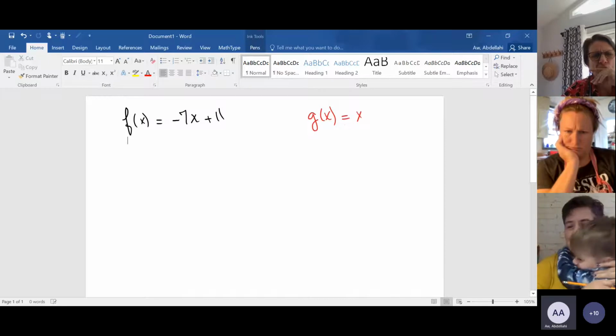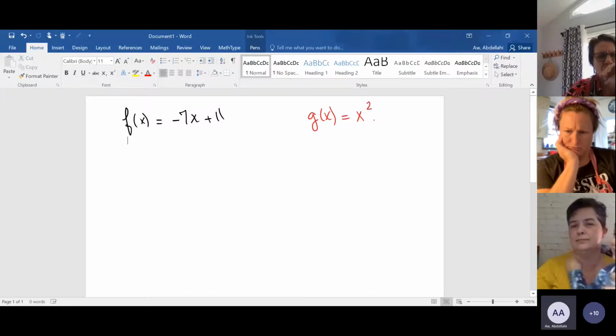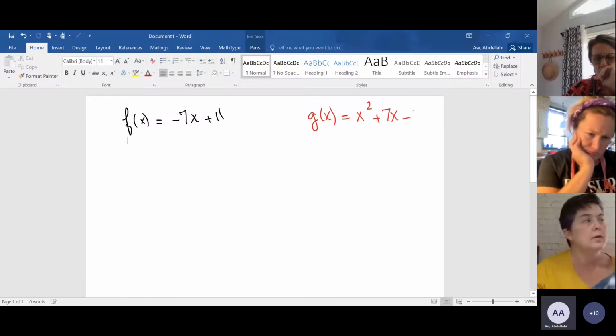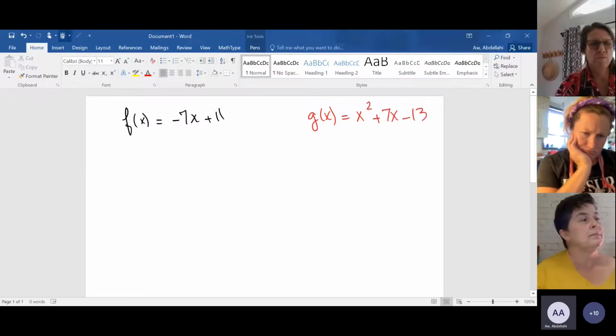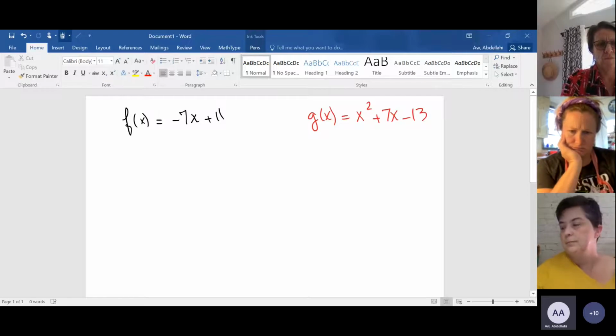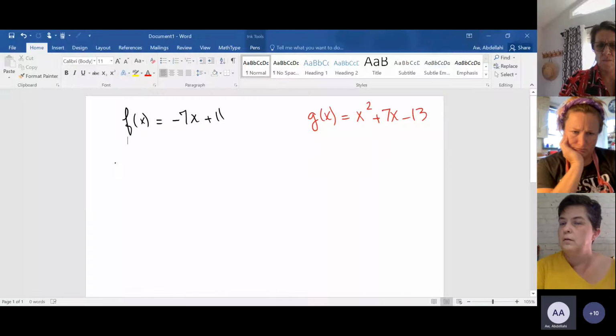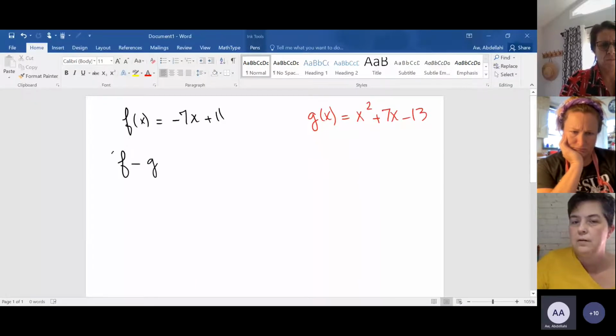Okay, so now, everybody, please try to find f minus g of -2, and then f plus g of x.